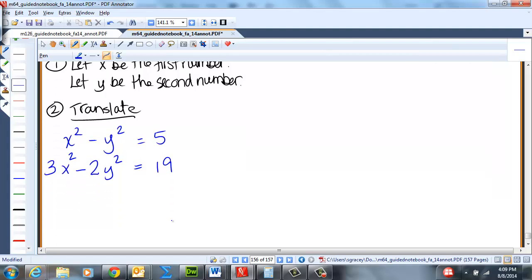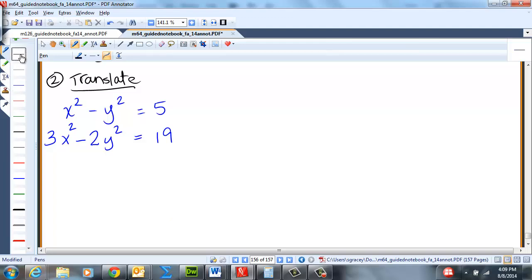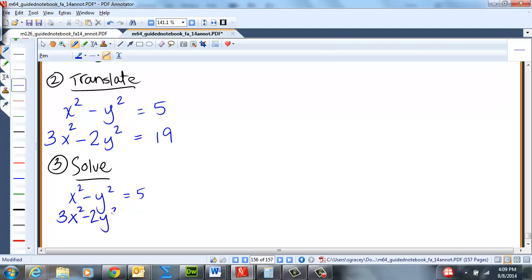So now we just need to solve. First off, you need to write your system, which was x squared minus y squared is 5, and we had 3x squared minus 2y squared is 19. And if I name this guy A and this guy B, we'll be good to go.